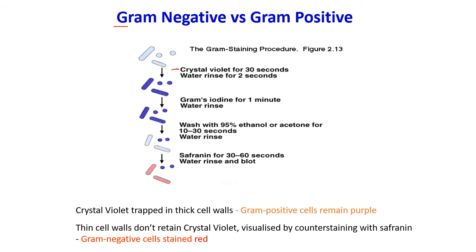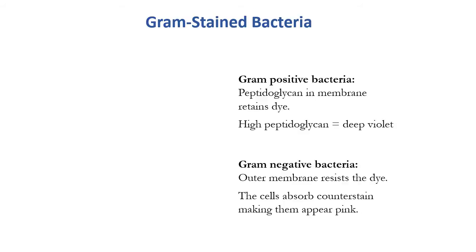Following rinsing, if you remove the dye, it's gram negative, and you can add a counter stain, for example safranin, which dyes your bacteria pink. Or if you don't manage to remove the bound dye with 90% ethanol or acetone, then we call that gram positive. It's really a measure of how this crystal violet dye interacts with the cell membrane.